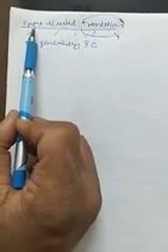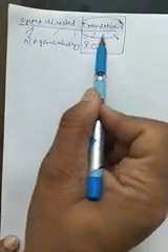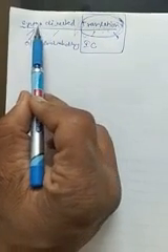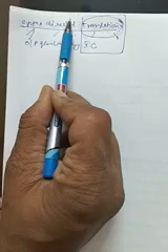Today, in this class, I am going to discuss syntax directed translation. As its name shows, there are three things: syntax directed translation. The main purpose of syntax directed translation is to translate whatever the syntax directed by the previous phase.